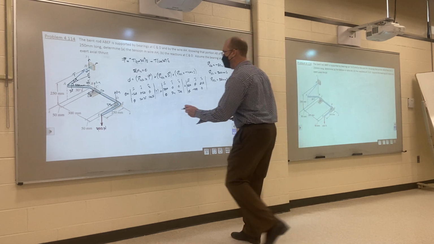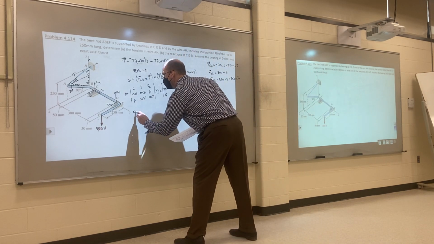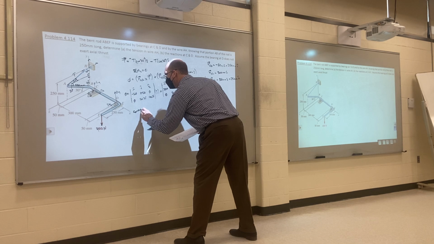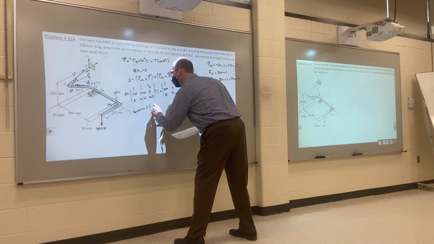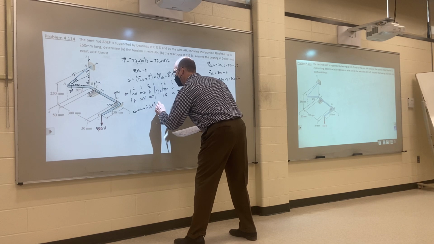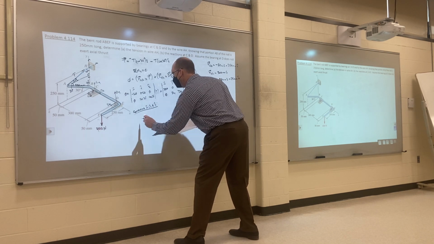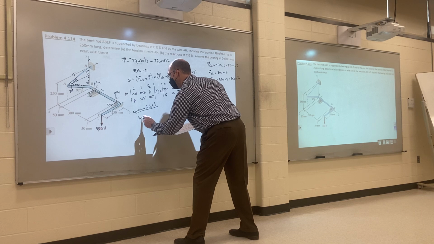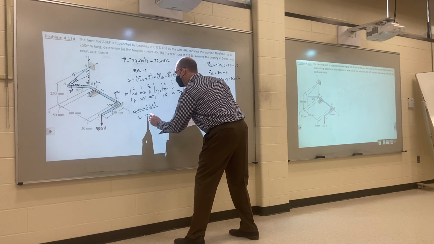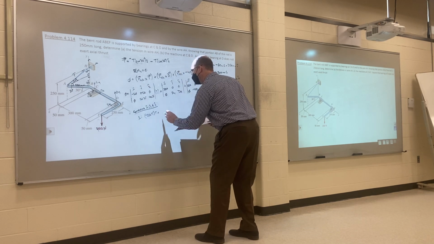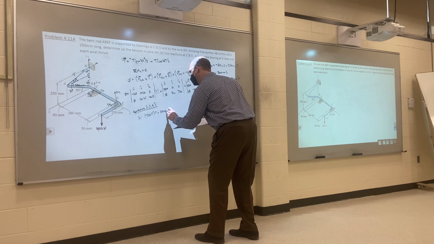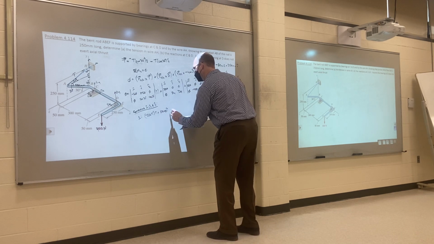So combining I's, J's, and K's, you have I hat: negative 216.5 T plus 100 times 10 to the third is equal to 0.